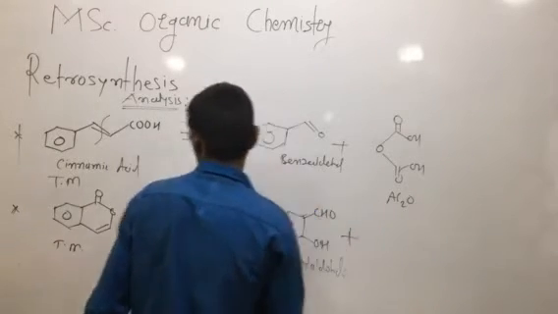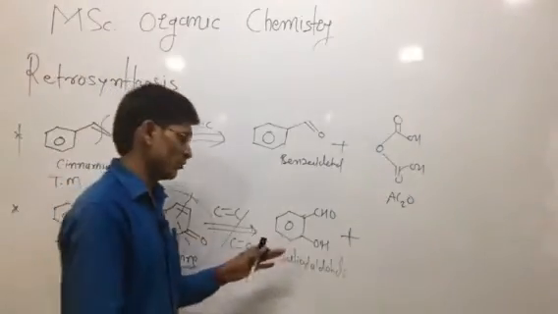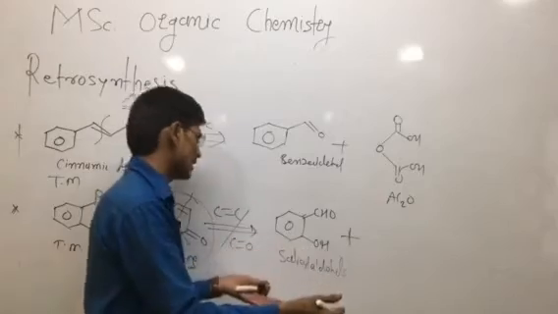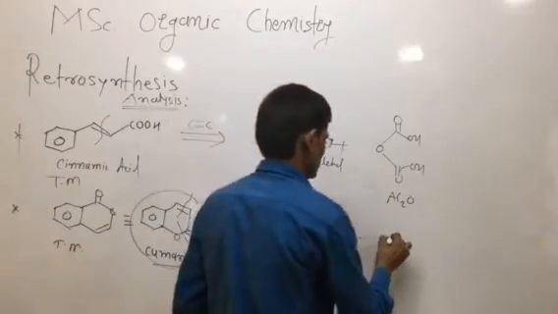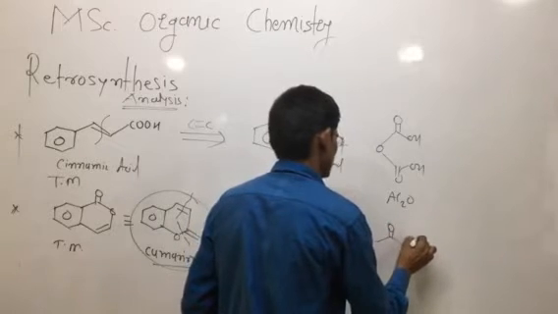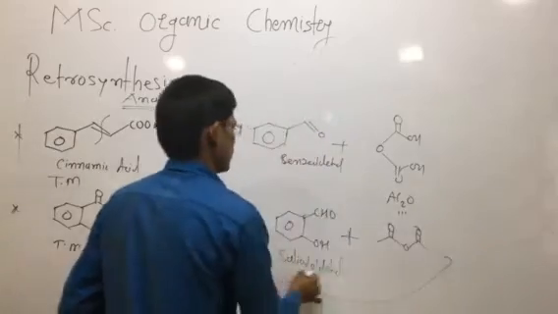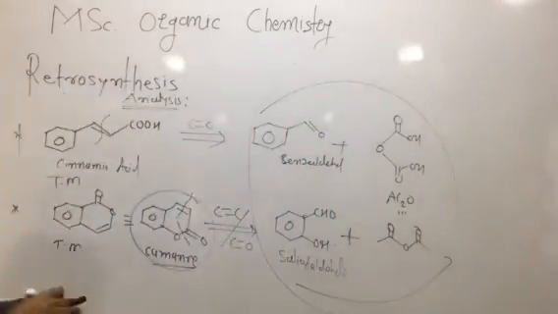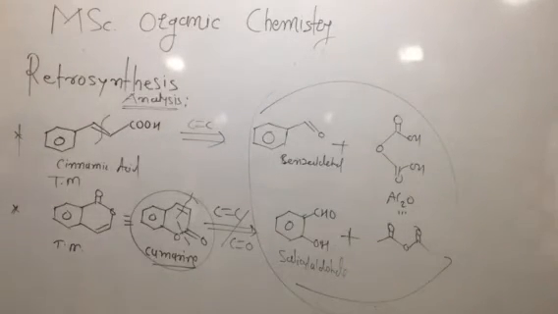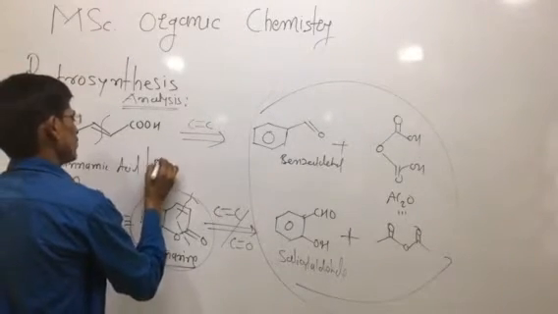As we have given the plan of analysis for salicylaldehyde, another reagent is, similarly, acetic anhydride. So, here we have acetic anhydride and an aromatic aldehyde.